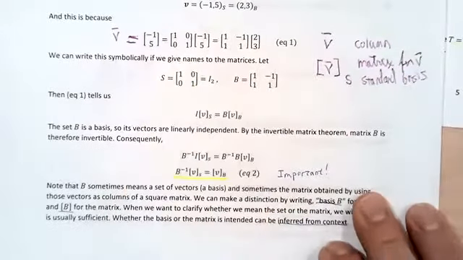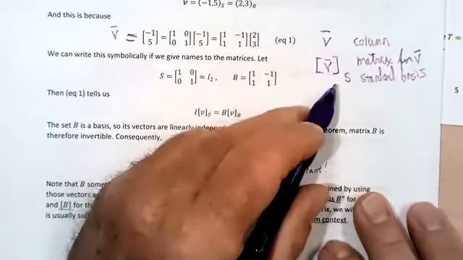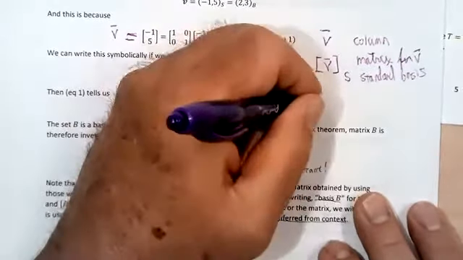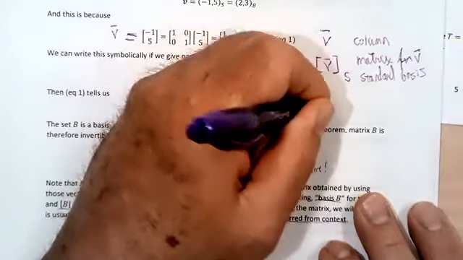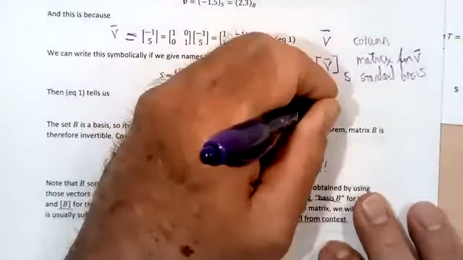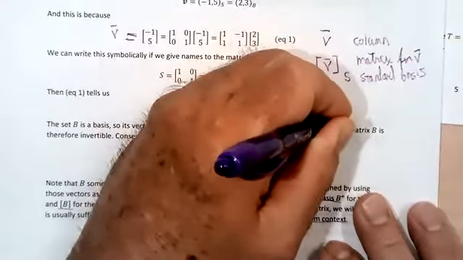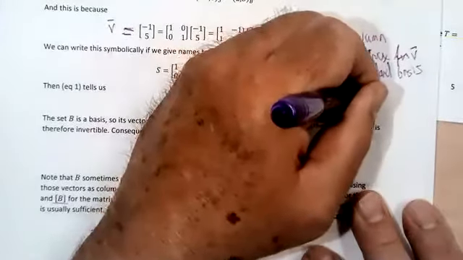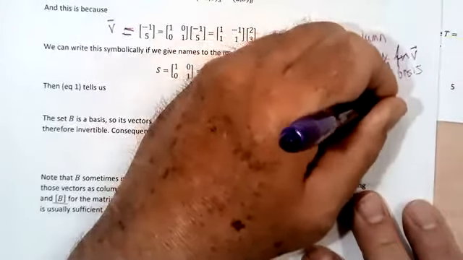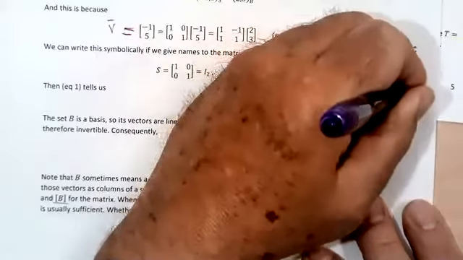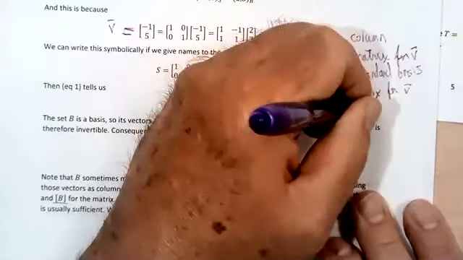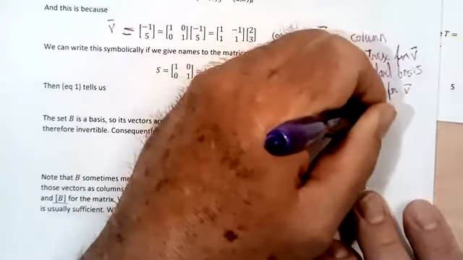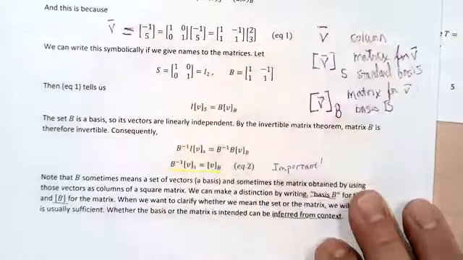But likewise, I could write V with its coordinates relative to basis B, and that would be V in square brackets with subscript B. That is the matrix of V relative to basis B.